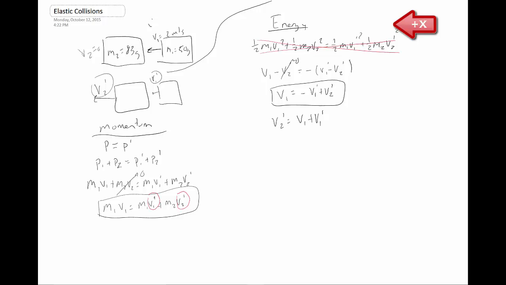I've just moved the v1 prime over. Let's go ahead and plug that into our momentum equation. So we get that m1 v1 is equal to m1 v1 prime plus m2, and now is where we plug in v1 plus v1 prime. I'm going to go ahead and distribute that out.